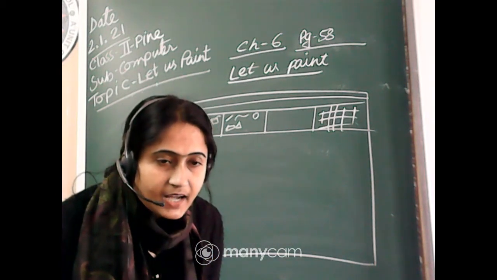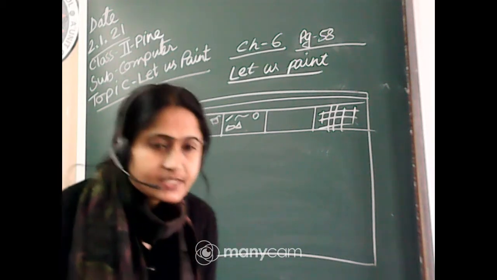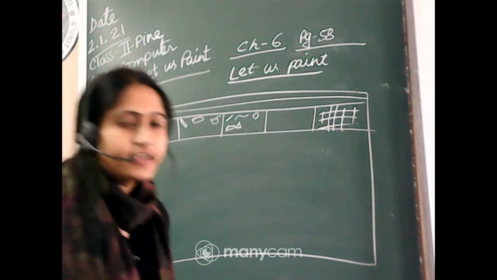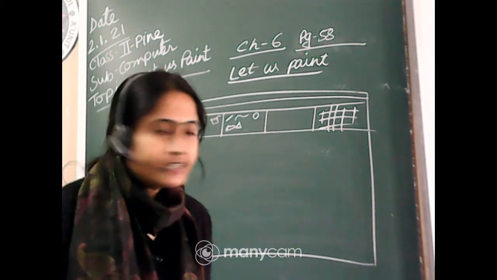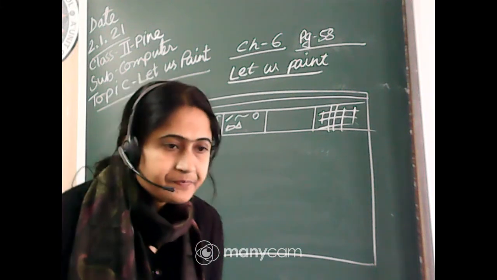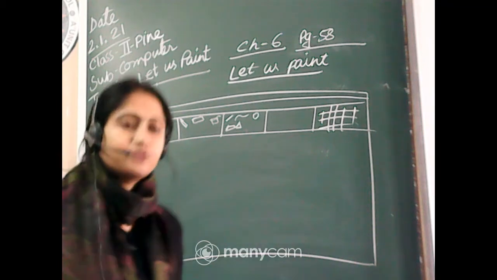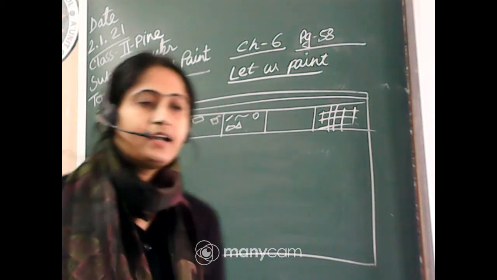Yes beta, Nihan, I discussed all this already: title bar, quick access toolbar, control buttons, ribbons, drawing area. Am I correct? I discussed it in the previous class, and now I am discussing this. Do you have any doubts or queries, beta? Then you can ask me.